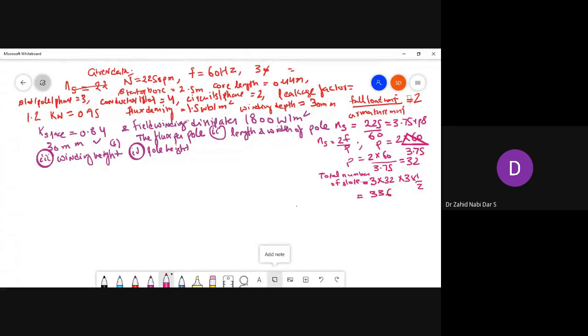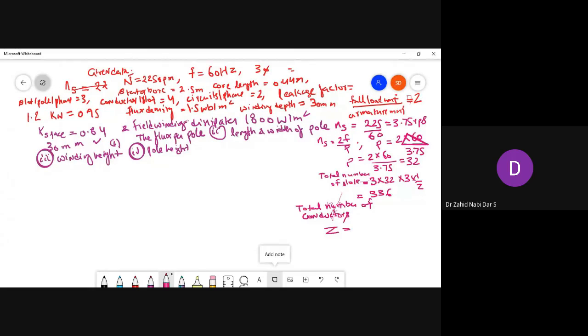And now the total number of conductors, if you have to calculate. Tell me Ratika, how you write total number of conductors?